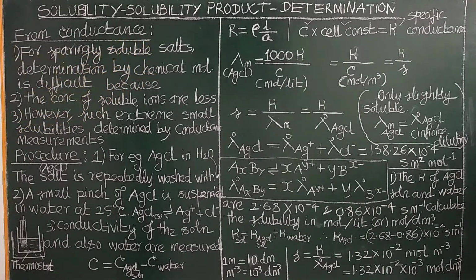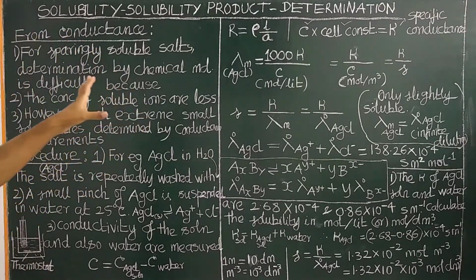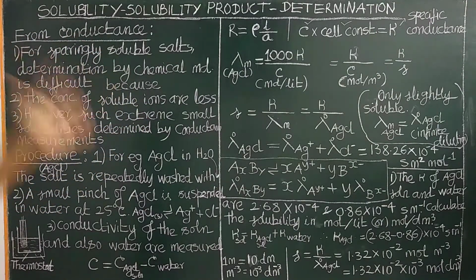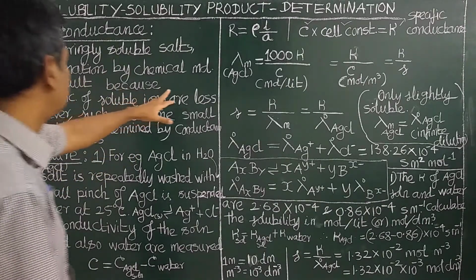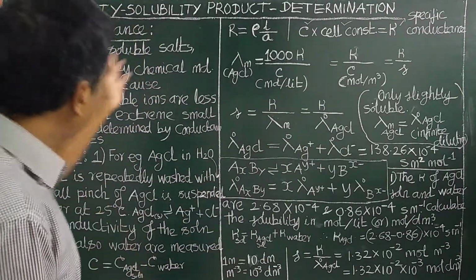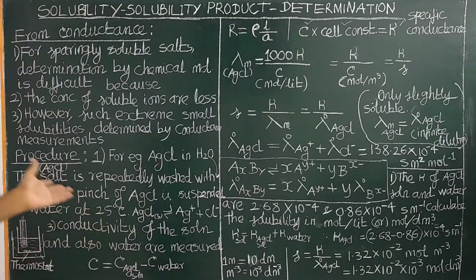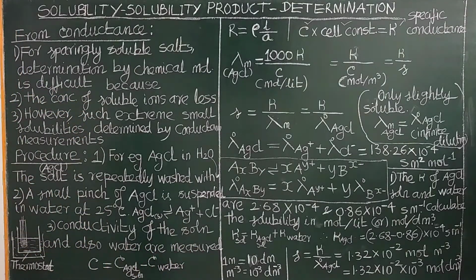Remember, for sparingly soluble salts, the determination of solubility is very difficult. Solubilities cannot be determined by chemical methods. The solubility product is also difficult to determine by chemical method. Why?